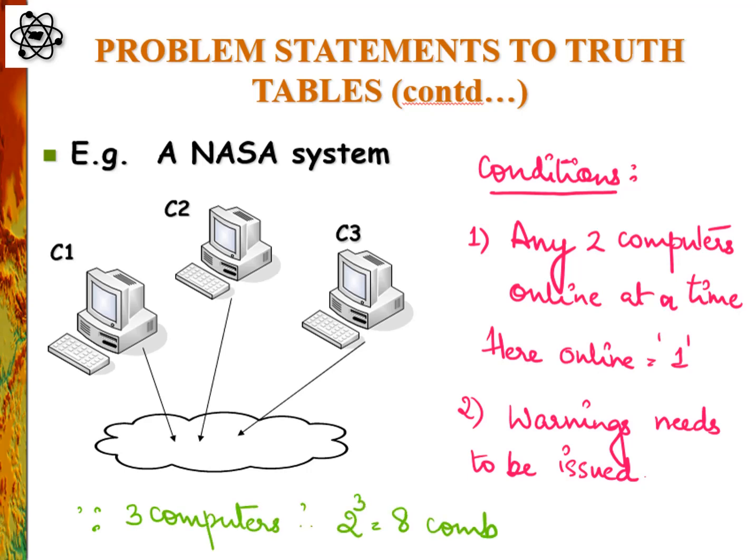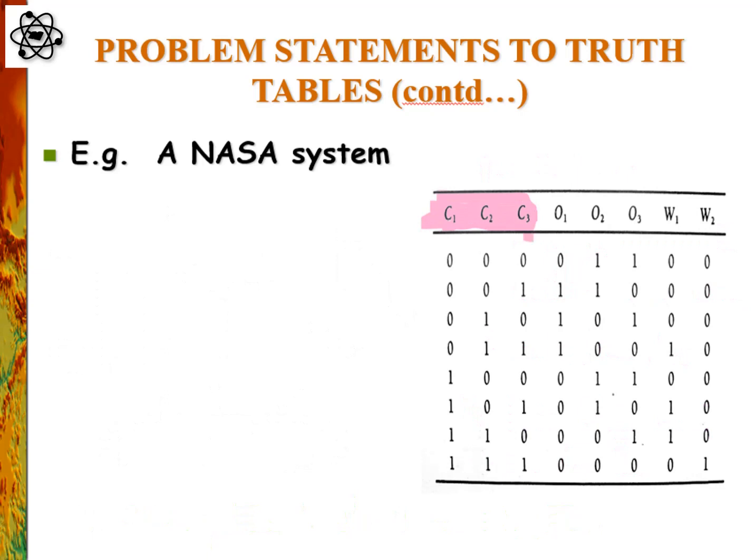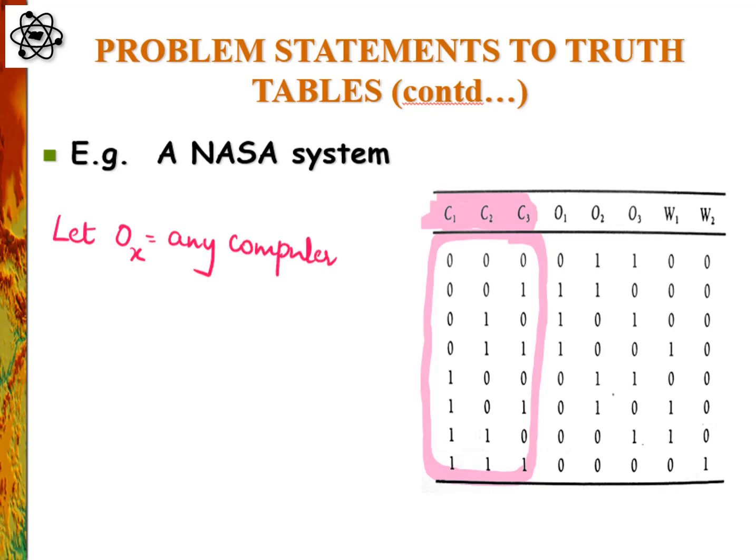Since we have 3 computers, we'll be considering 2 to the power 3, that is 8 combinations of inputs. These 8 combinations corresponding to 3 computers are represented as C1, C2 and C3. OX corresponds to the combination where any computer is online.